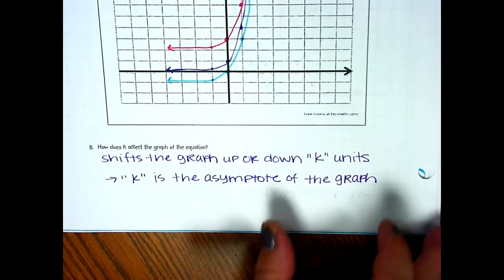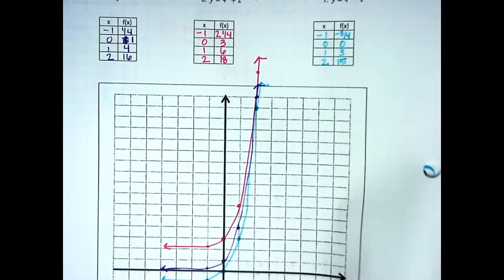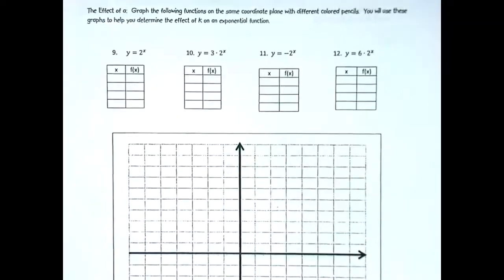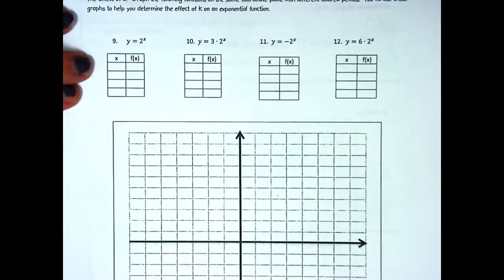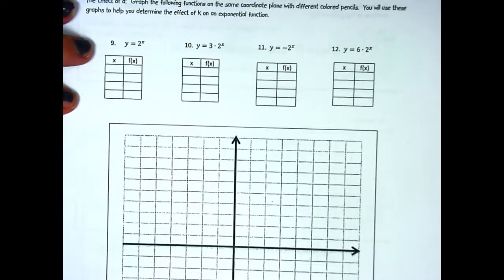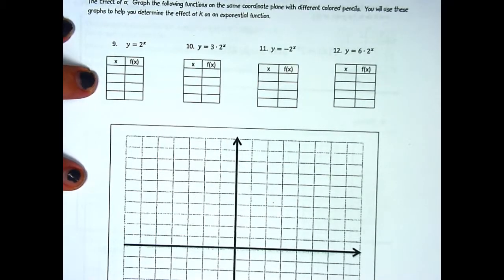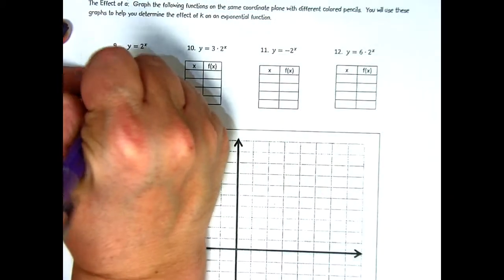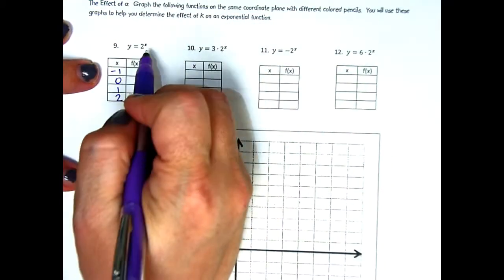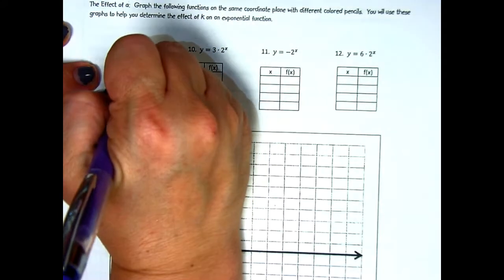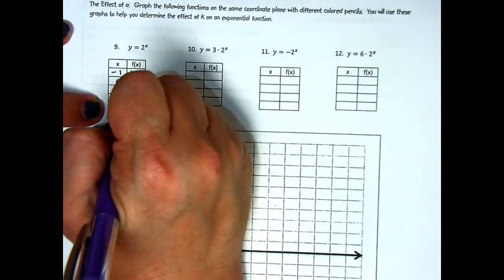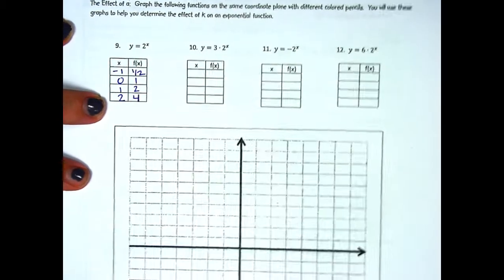All right. The last thing we need to explore is the effect of A. Okay, so my first graph is y equals 2 to the x. I'm going to use the domain -1, 0, 1, and 2. So if I plug a -1 in, I get 1/2. 0 gives me 1. 1 is 2, and 2 is 4.